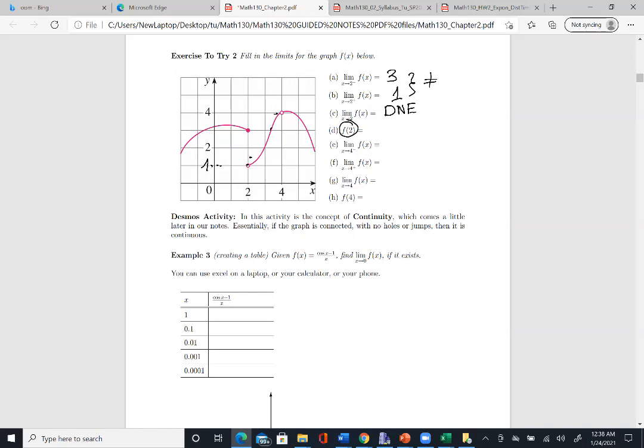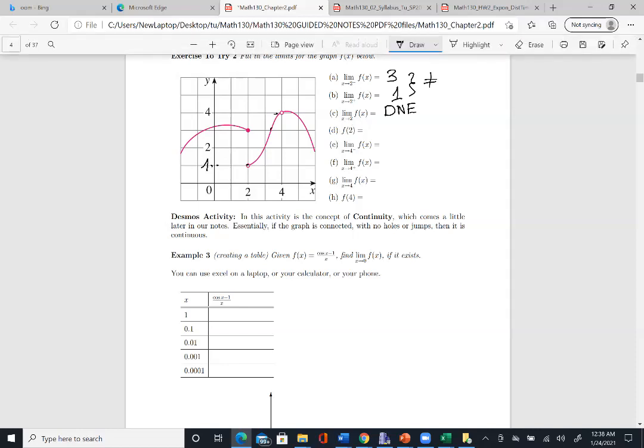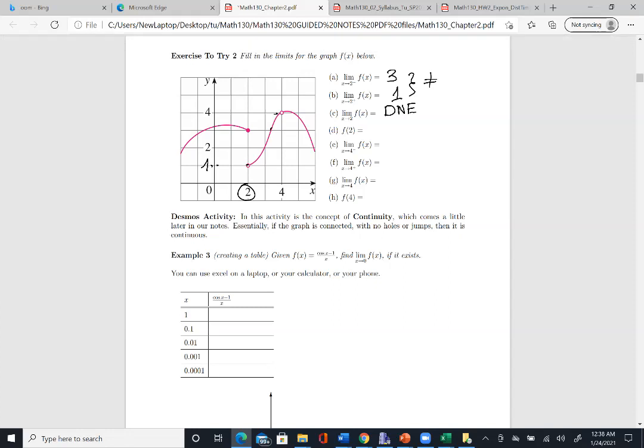f of 2? Okay, what is this value of f(x) when x equal to 2? So if you take a look at x equal to 2 over here, right? What is a point that has the value of x equal to 2? Is that this one or this one?